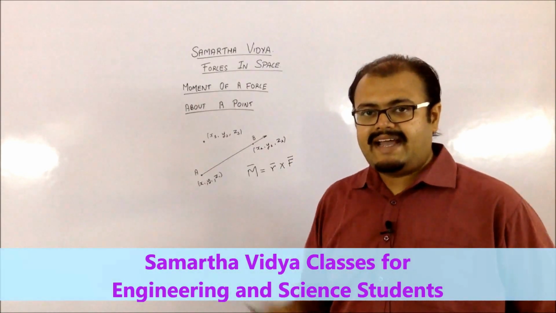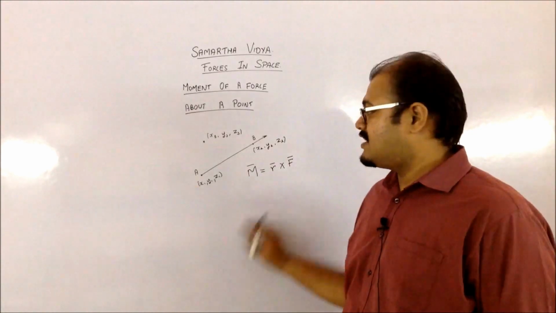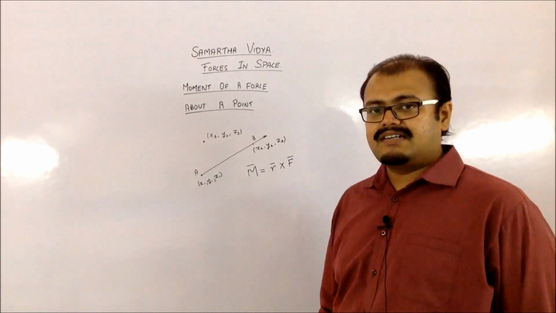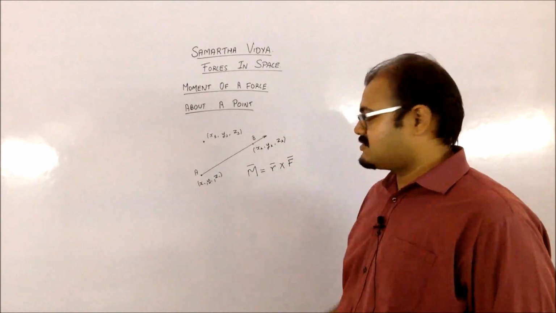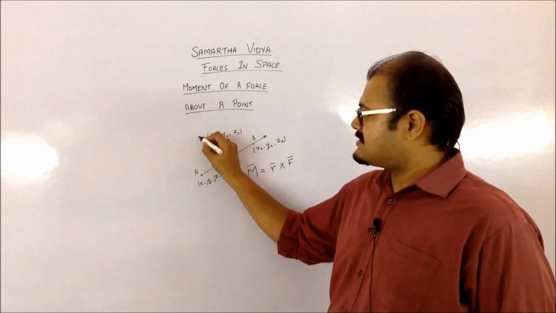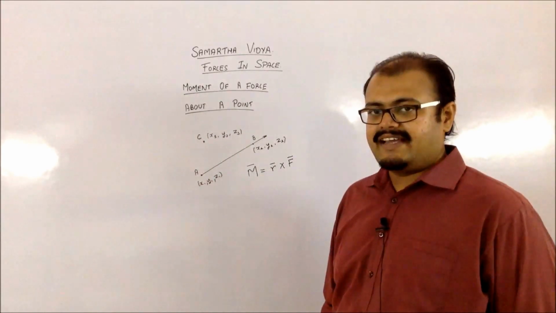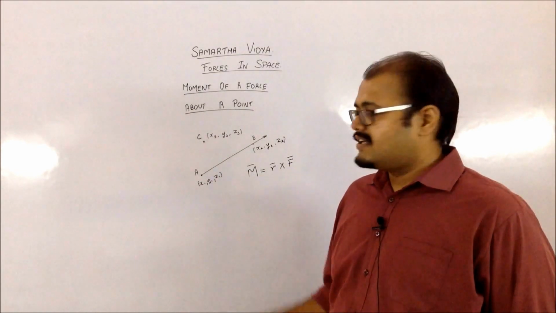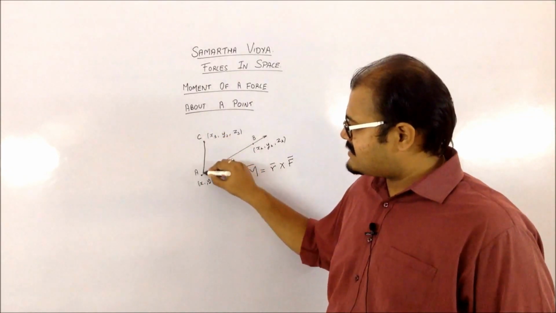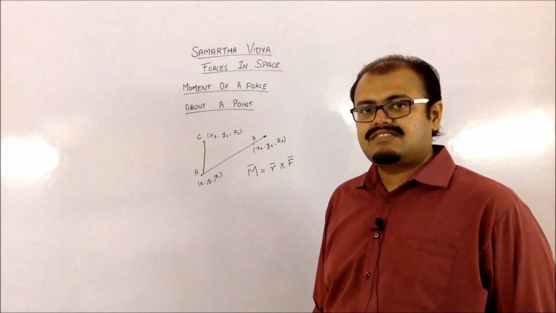So your moment M is going to be the cross product of r cross F bar. In this, my r is nothing but the distance from this point, let us say this point is C, to any of the points lying on the force. So we can consider either the distance CA or the distance CB.